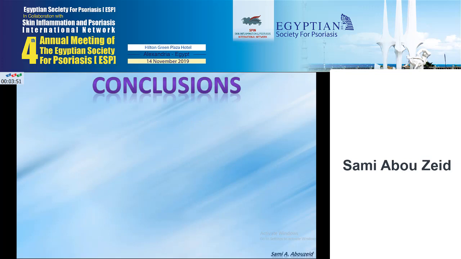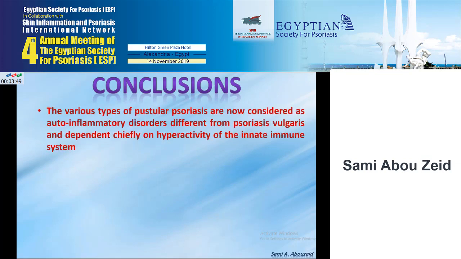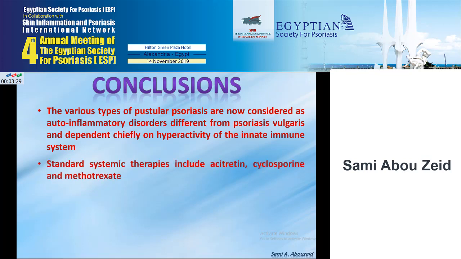So to conclude, the various types of pustular psoriasis are now considered as autoinflammatory disorders, different from psoriasis vulgaris, and dependent chiefly on hyperactivity of the innate immune system. Standard systemic therapies include acitretin, cyclosporin, and methotrexate.